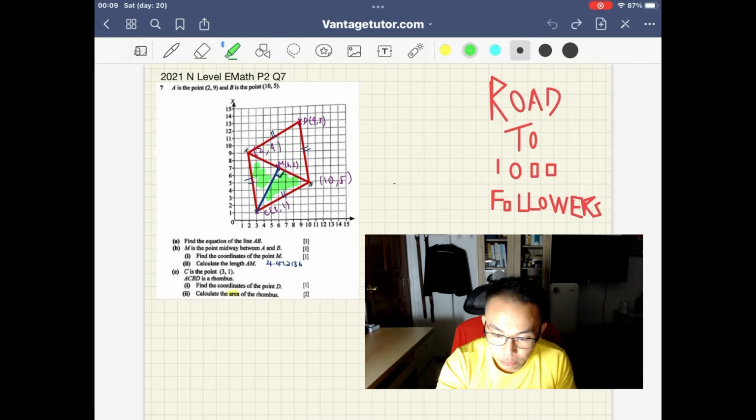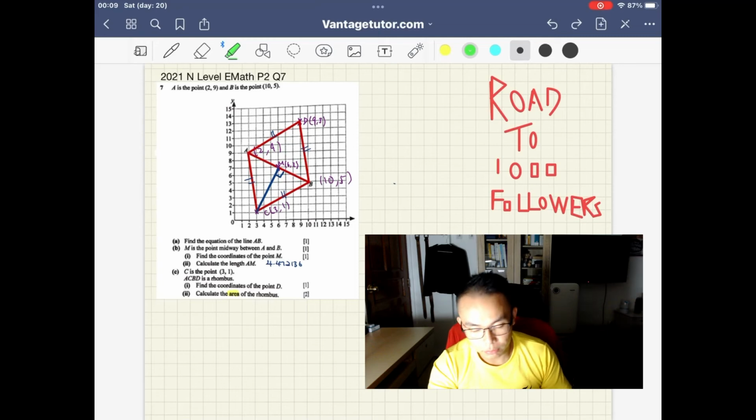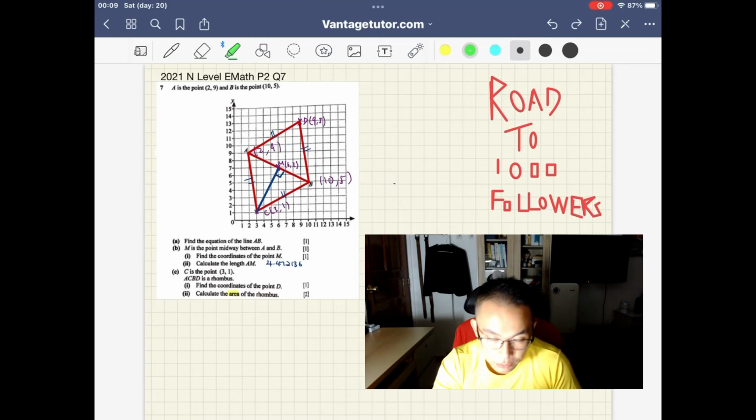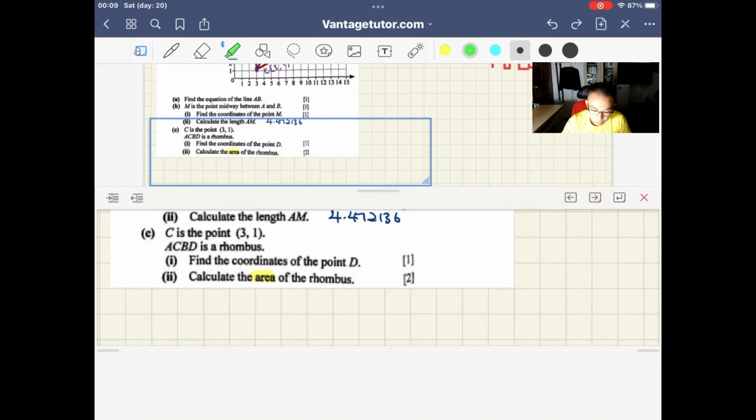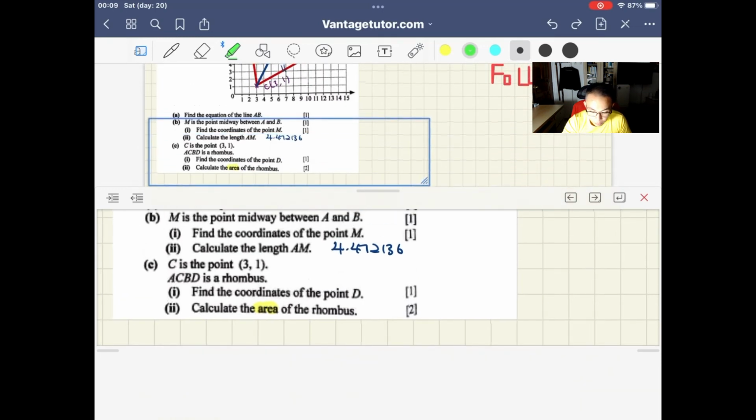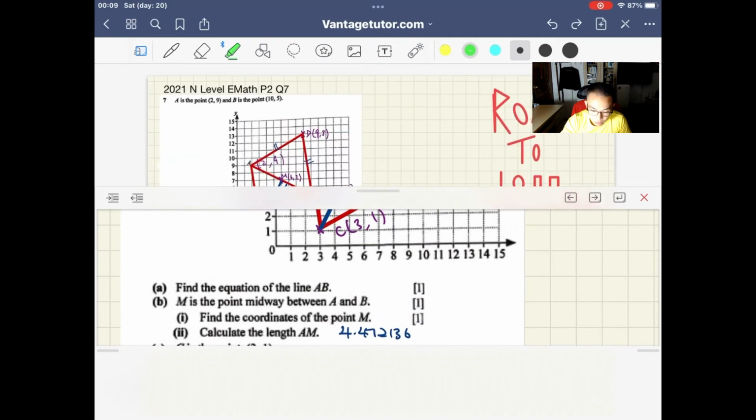So how do I find the area of one right angle triangle first? You learned it in primary school: half times base times perpendicular height. Now, making use of the information that we had just now, AM is 4.472136.